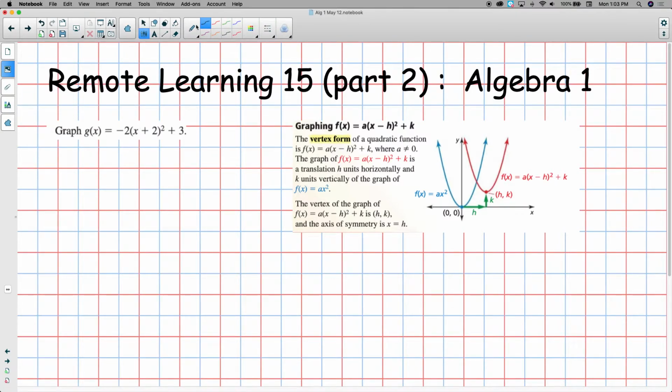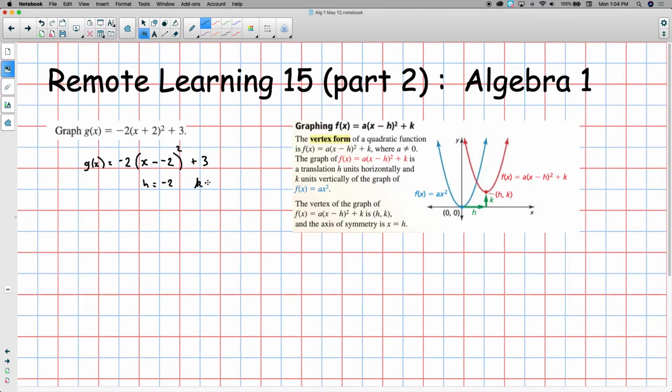Okay, so let me remind you, and we'll come over here and do this one. All right, so I'm going to write it in a bit of a strange way to overemphasize this subtracting component right here. That's my weird way of writing plus 2. And the reason I'm doing that is because now if you match up the formula, h is the thing that's being subtracted, so it's negative 2, right? We talked about the opposite game, so the plus 2 becomes minus 2 on that one.